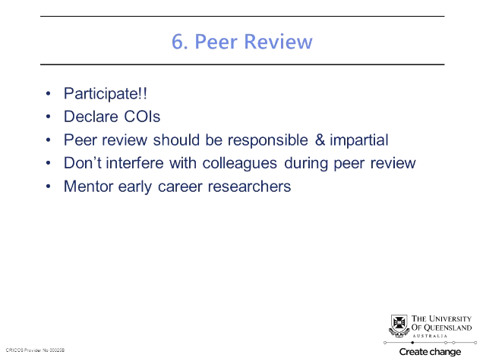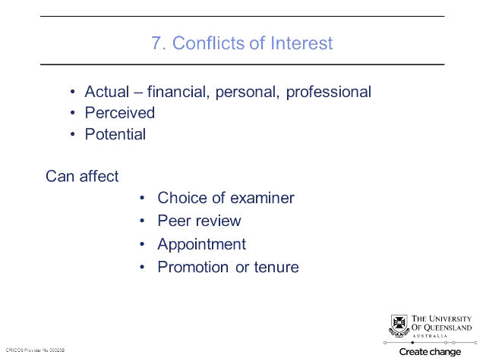Peer review, not so much in the librarian space. I think we just encourage researchers to participate and to declare any conflicts and to undertake this with integrity. Conflicts of interest is the same. They can be actual, perceived, or potential, and can affect the choice of examiner, how peer review is undertaken, how people are appointed to their roles, and so on.